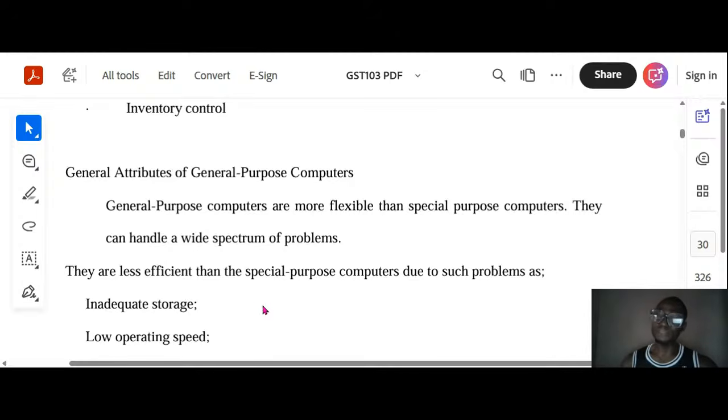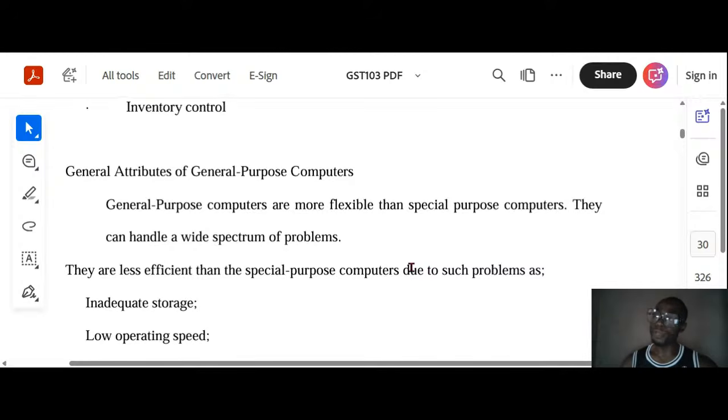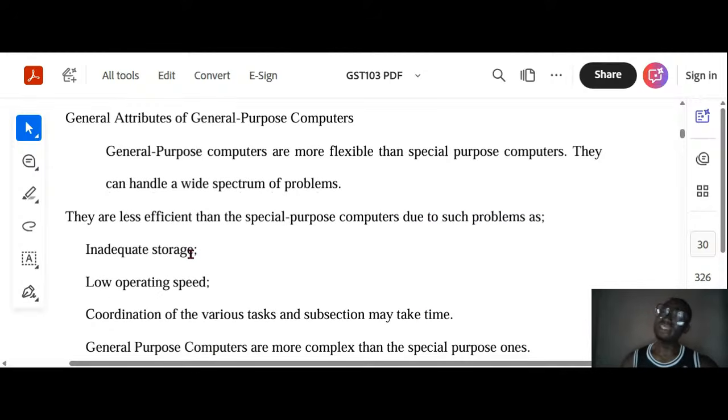They are less efficient than the special purpose computers due to the following problem: inadequate storage. Since they deal with a lot of things, a storage issue is there. The first one is that they are more flexible than the special purpose. Why? Because they have the capacity to handle several things, different types of fields.